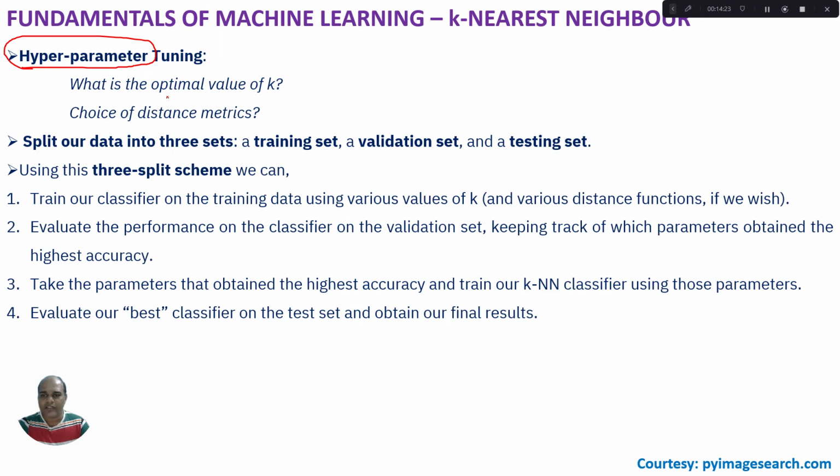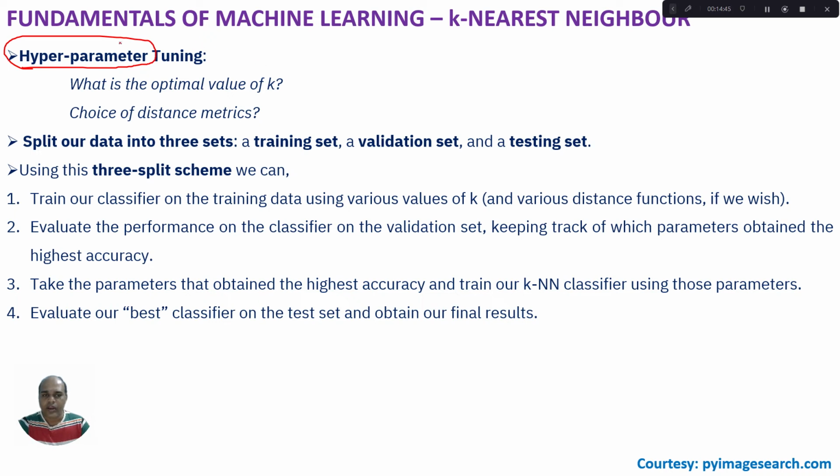So it is always better to have k as an odd number. Then I have a sure winner and we can easily assign a label to the new data point. So that k should be an odd value is a requirement in your k nearest neighbor algorithm.